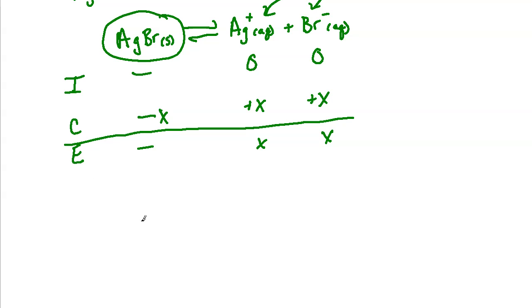So the way that I would move forward here is I would say Ksp, which we said was going to be 5 times 10 to the negative 13th, is equal to x squared, right? Because it would be Ag plus times Br minus. So I need the square root for both of these.